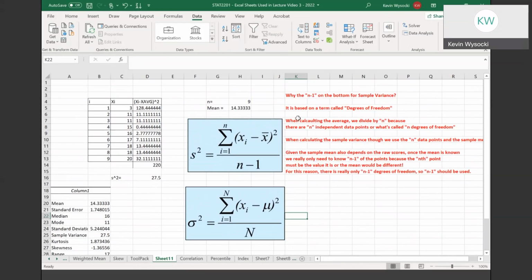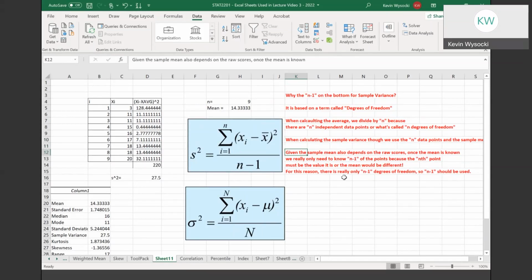So when calculating the average, we divide by n, that's the total number of independent data points. So there's n degrees of freedom for determining x bar, the average. When calculating the sample variance, though, we use the n data points and the sample mean that we calculated.